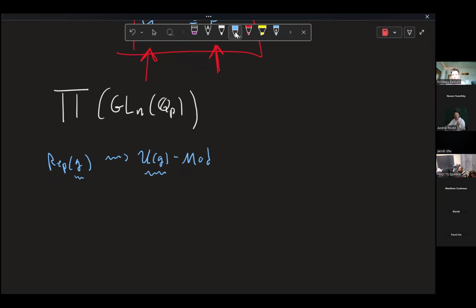Now, modulo understanding what a D module actually is, other than vaguely, it's a sheaf of differential operators. So it's a module over the sheaf of differential operators. So it's some sort of geometric gadget that has an action of differential operators.